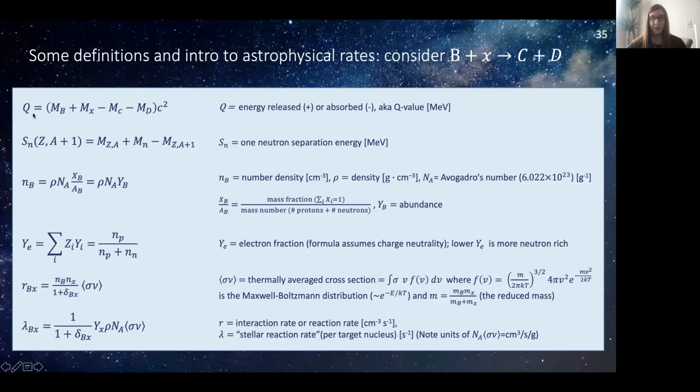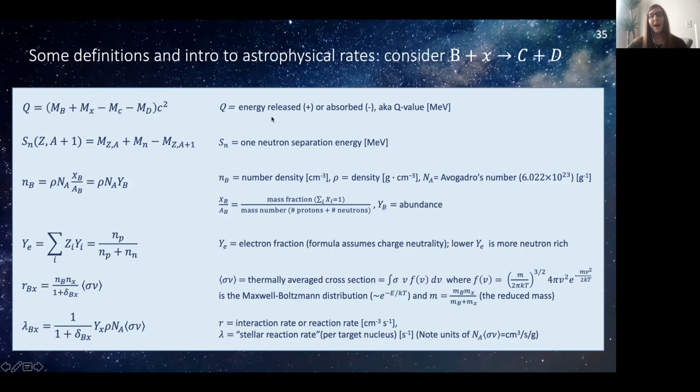So the first one that you're going to see quite often within nuclear astrophysics and even within this particular section is the Q value. So the Q value can be written as the sum of the masses of your reactants minus the sum of the masses of your products.